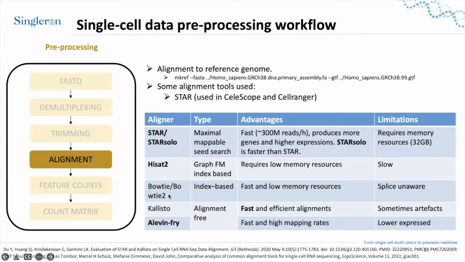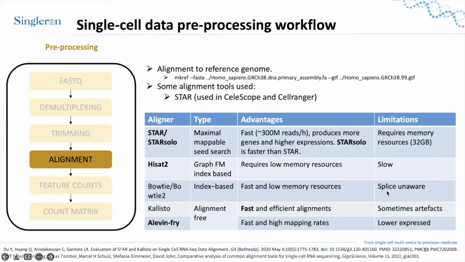And Bowtie is also an index-based aligner. It is fast and uses low memory resources. It was also used quite often in the past for ChIP-seq sequencing alignment. But Bowtie 2 is not aware of splicing, so it's not as optimal for RNA.